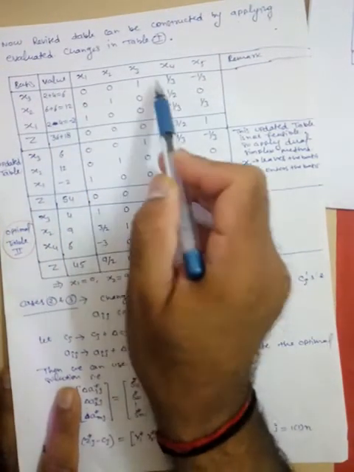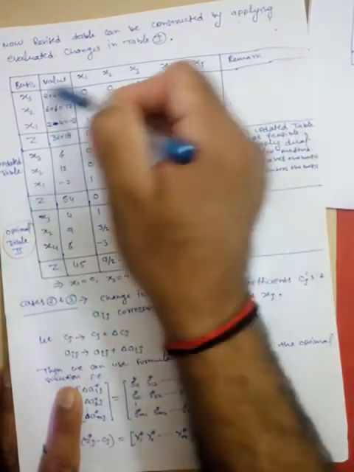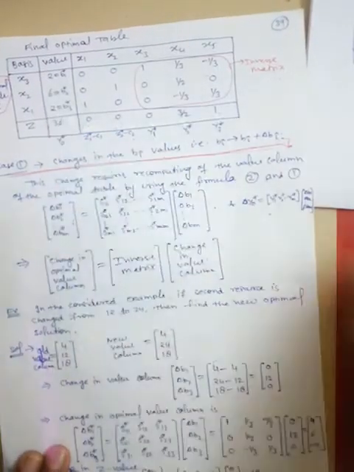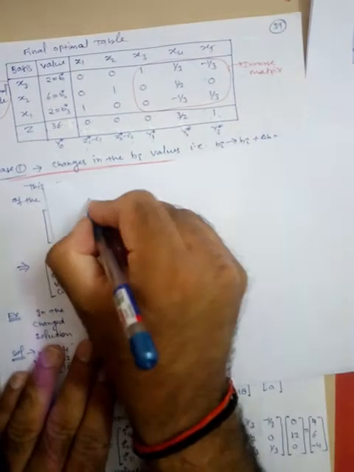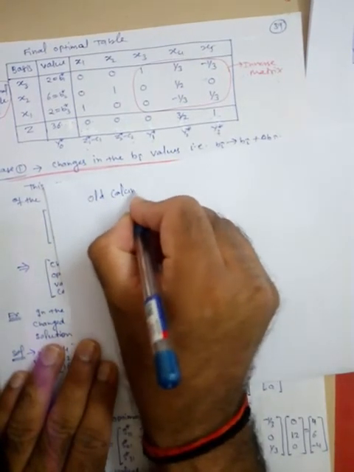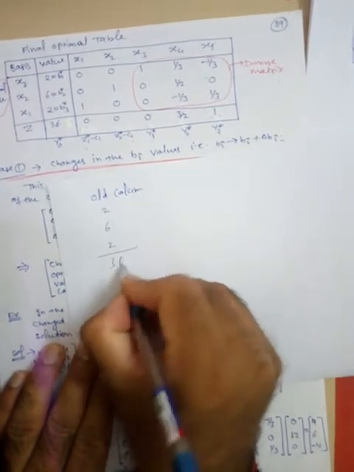Here the rest of the data is as it is, and this column is revised. The old column was 2, 6, 2 and here is 36.